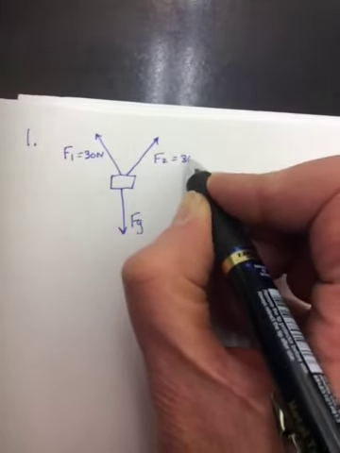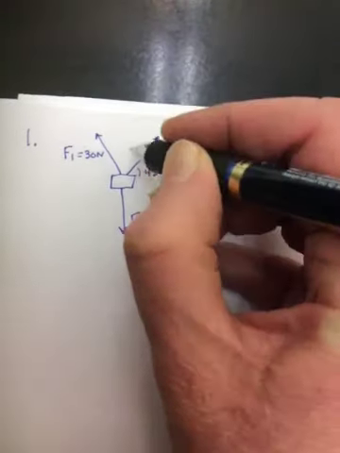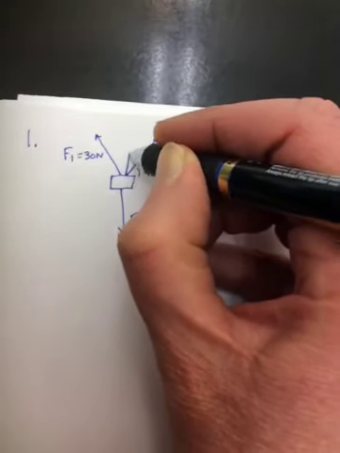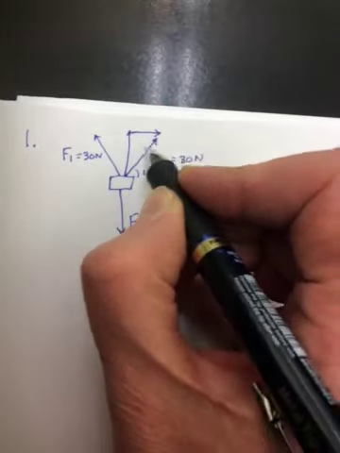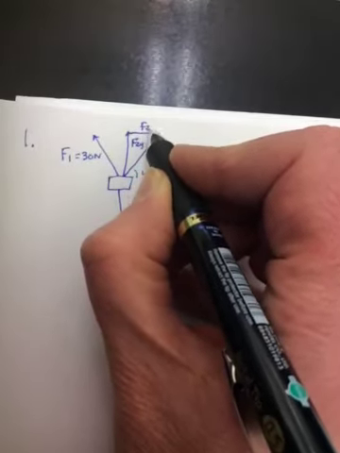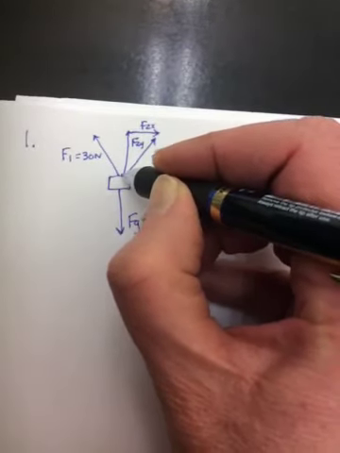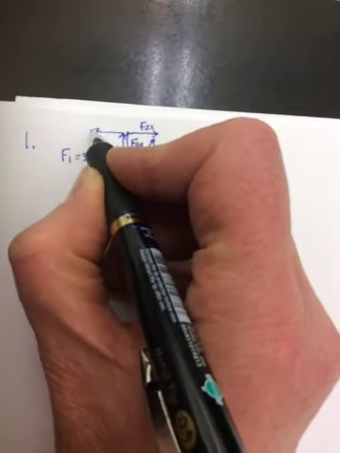Also, according to the picture, the angle here is 45 degrees, which means if I were to break each of these forces up into their y and their x components, so this would be F2y, and this would be F2x, and this one would also be F1y, and F1x.